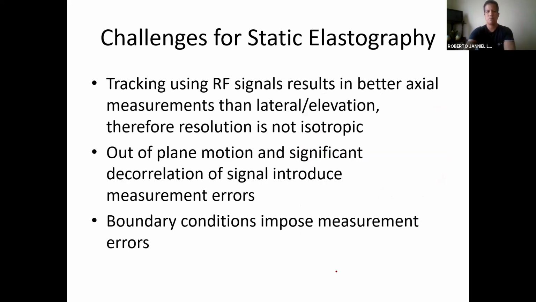Okay, just some things to keep in mind. Tracking using RF signals is better in the axial direction than in all the other directions. Boundary conditions give you problems too, because there are people who, from static elastography, try to create quantitative images. That's quite challenging, okay?